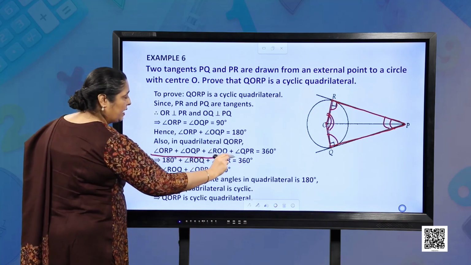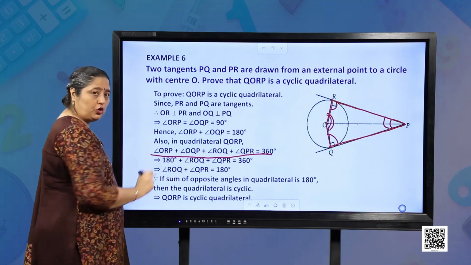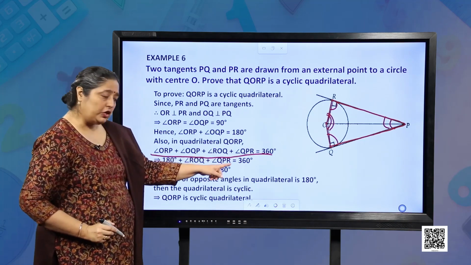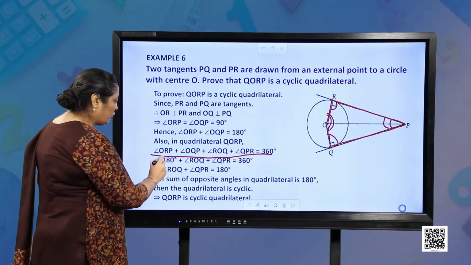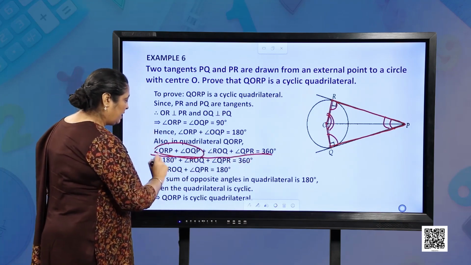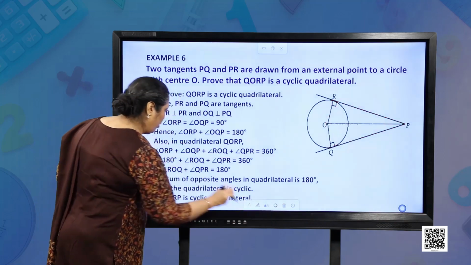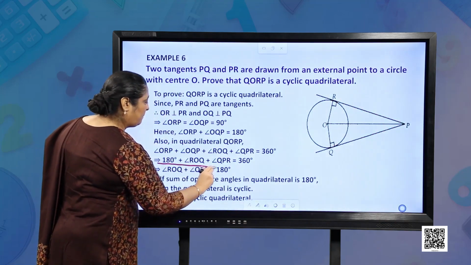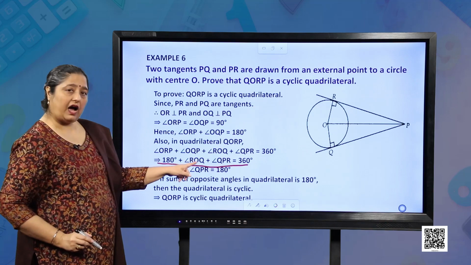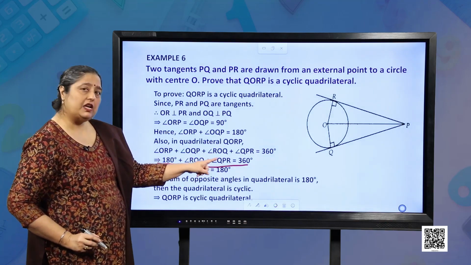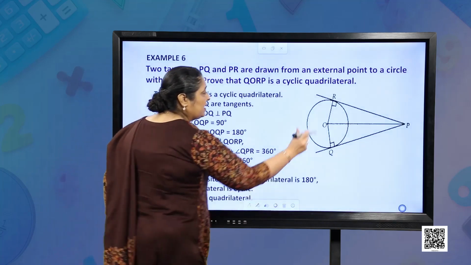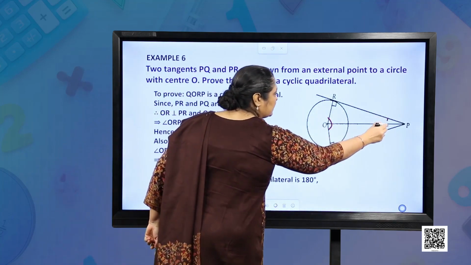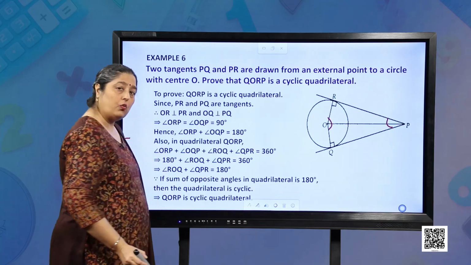Angle ORP plus angle OQP plus angle ROQ plus angle QPR is equal to 360. So, 180 plus angle ROQ plus angle QPR is equal to 360. So, what we get is angle ROQ plus angle QPR is equal to 180.